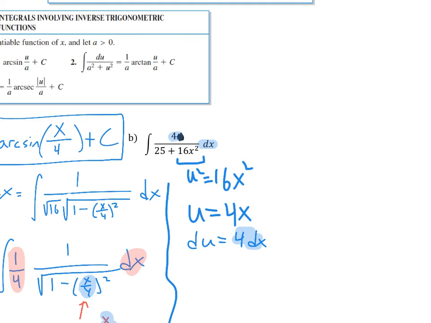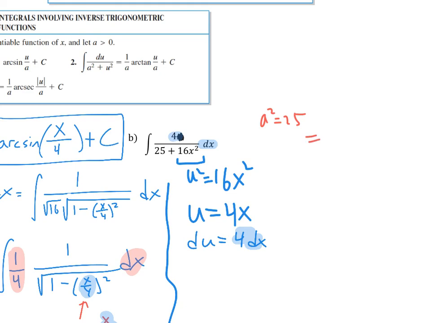We have what we're looking for. We've got a squared is 25, and again, u squared we already just said there. And so it's in that form. You got to verify it's in that form first, otherwise it's not an arctangent.